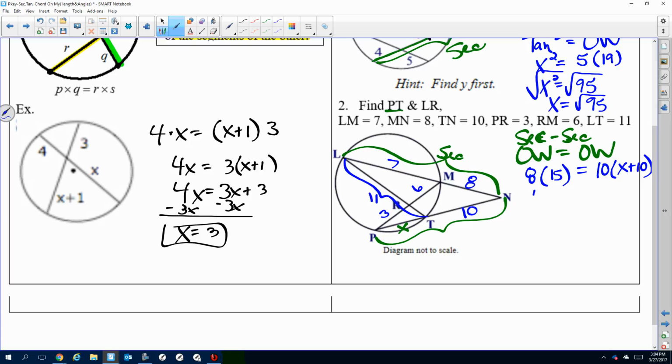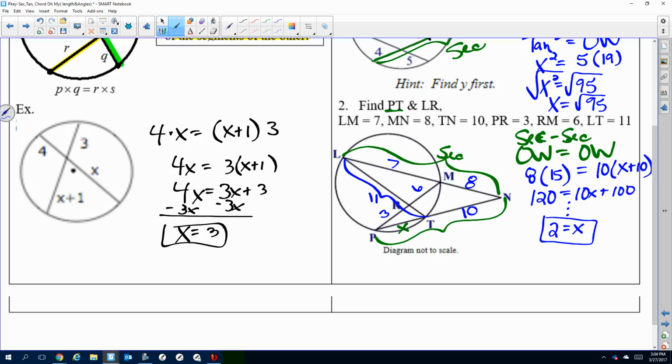So we have 120 equals 10x plus 100. Now we're solving for x. You should have x equals 2.